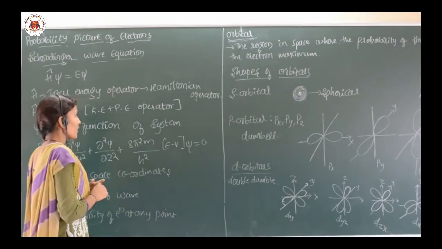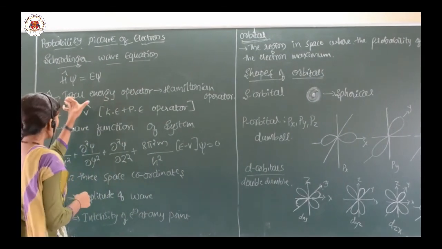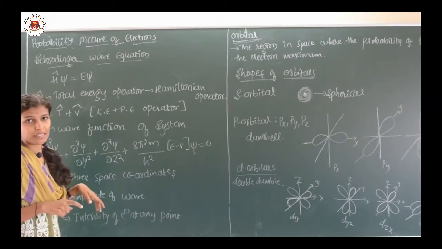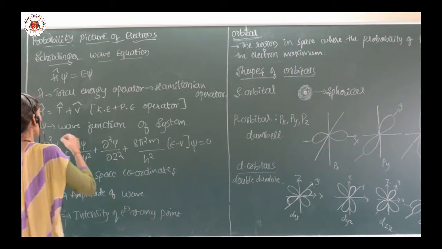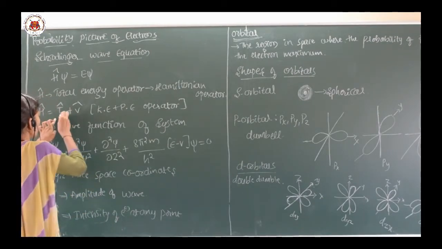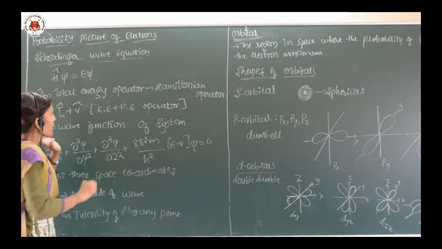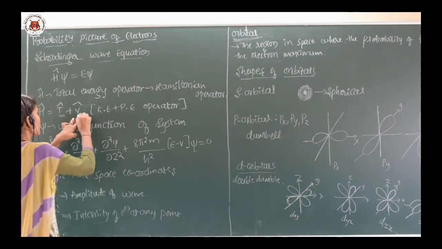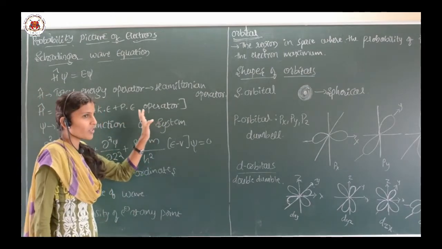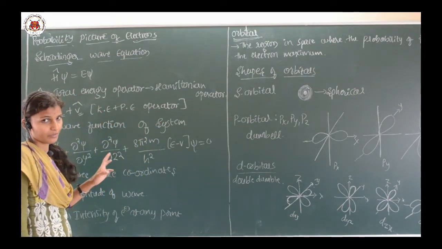Total energy is the sum of the kinetic and potential energy. So, here H cap equals T cap plus V cap. Here T cap is the kinetic energy operator, and V cap is the potential energy operator.